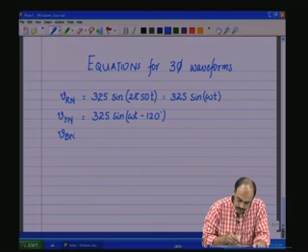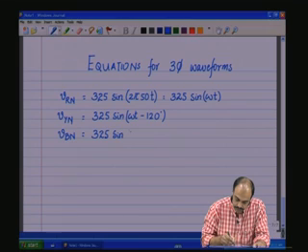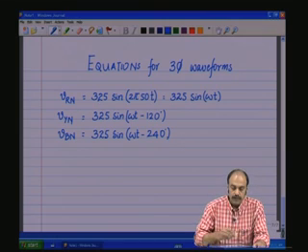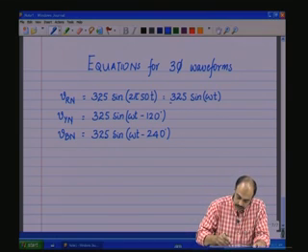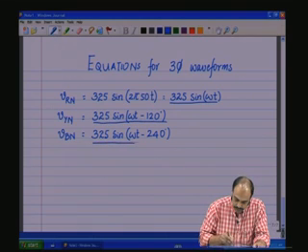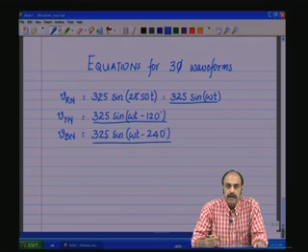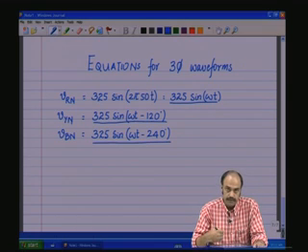VBN is 325 peak sine omega t minus 240 degrees, it is lagging the R phase by 240 degrees. So, these 3 equations are the mathematical representations of the 3 phase voltage waveforms.